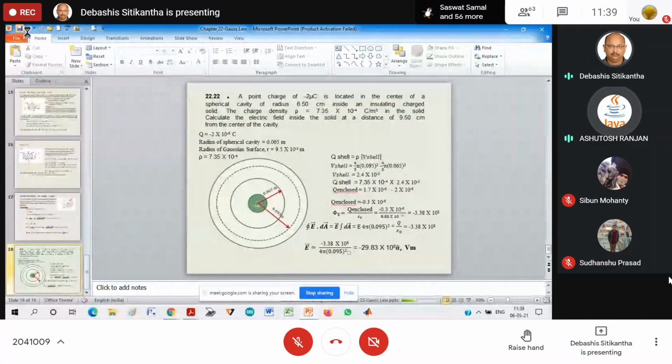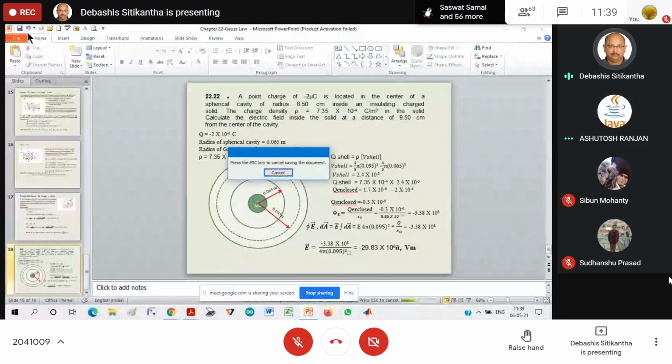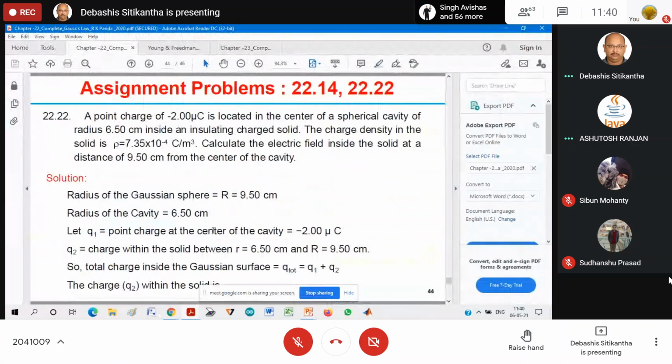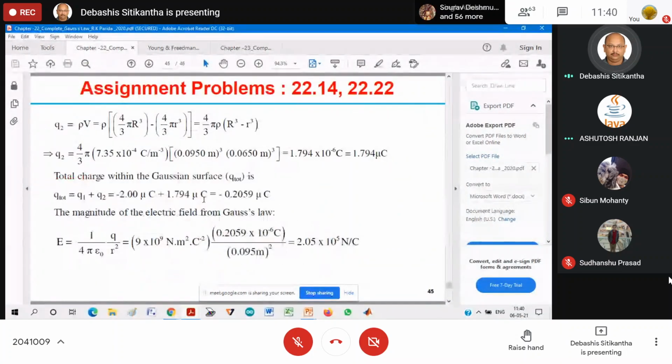So can you show again the code? Question. Answer. Yes, of course. Total charge is this much. Here we have made the mistake. This is the value. From where have we made this mistake?